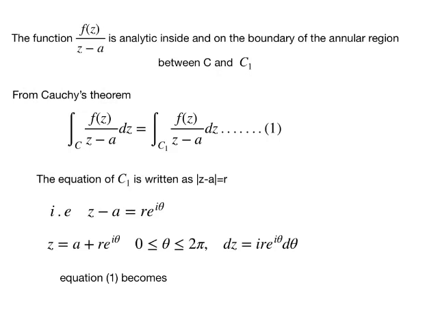From Cauchy's theorem for multi-connected regions, we have integral C f of z upon z minus a dz is equal to integral C1 f of z upon z minus a dz.